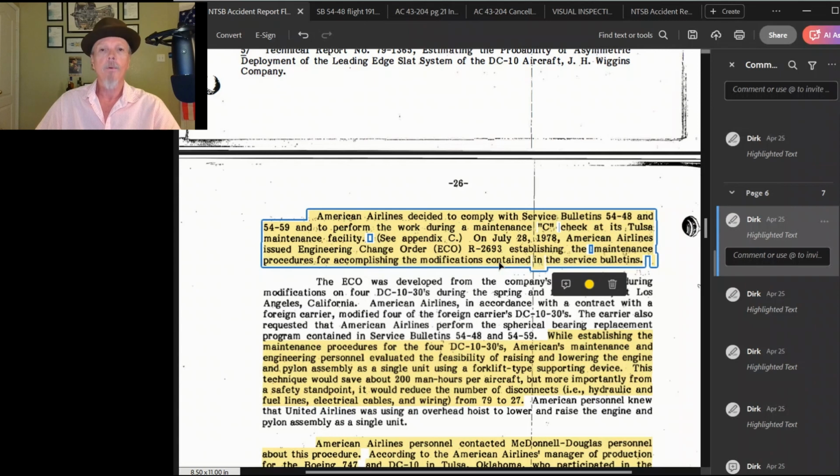They wanted to come up with their own procedure. And they had learned that United Airlines had been using a crane system, a hoist system to remove the engine and pylon as an assembly. So they came up with their own procedure to do the same thing, but instead of a hoist, they're using a forklift.